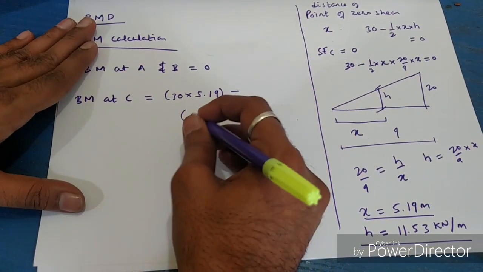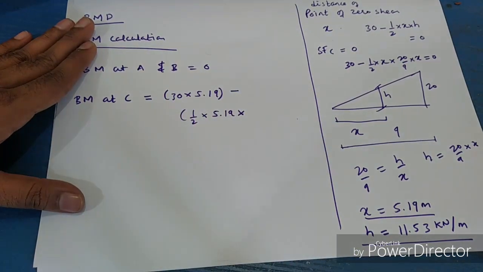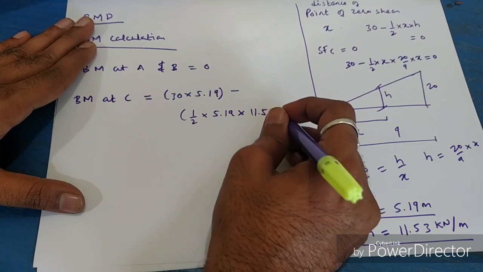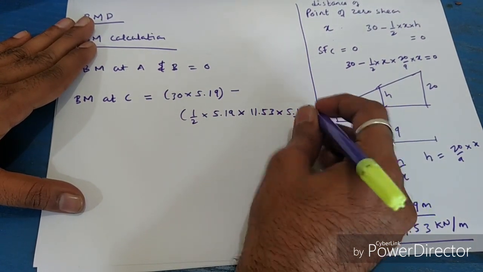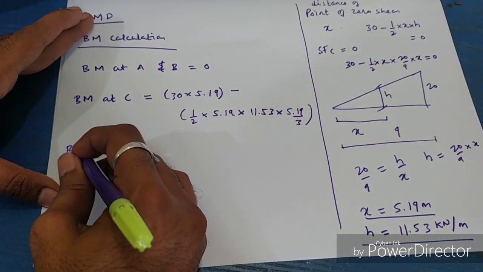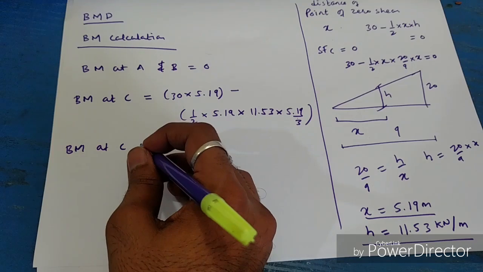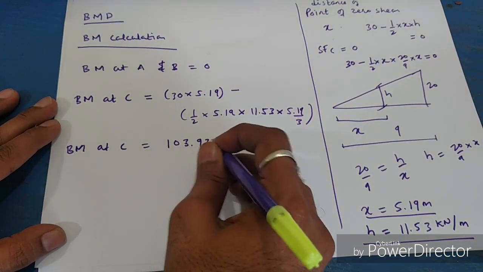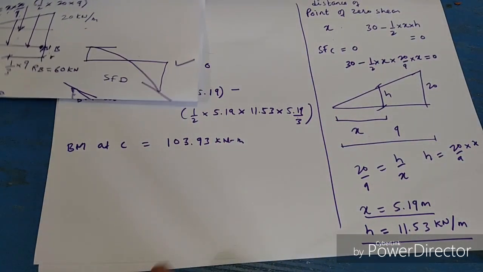So half into X is 5.19 into H we have calculated 11.53 into X by 3, 5.19 divided by 3. So bending moment at C is equal to 103.93 kilonewton meter.